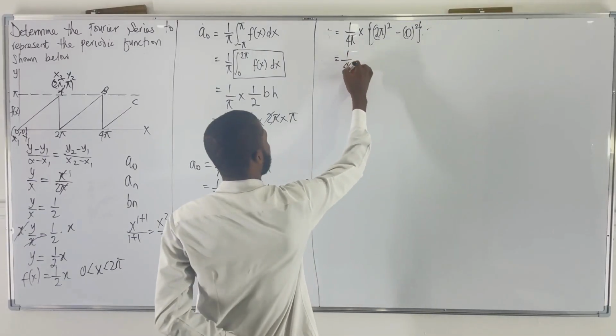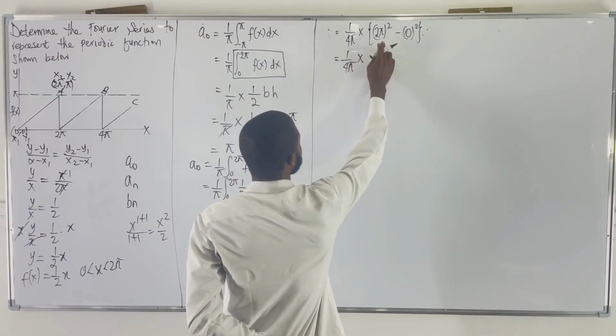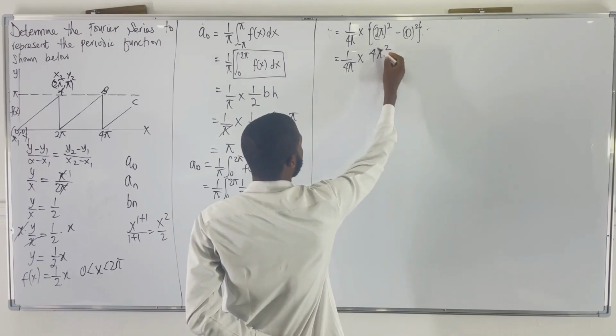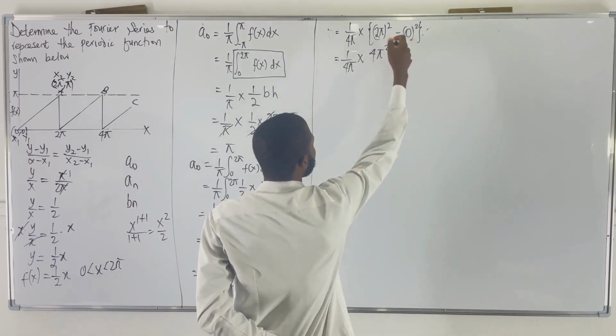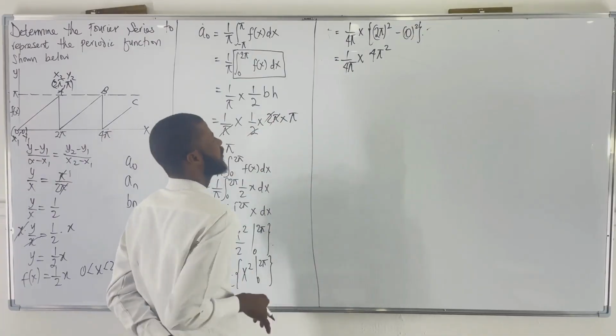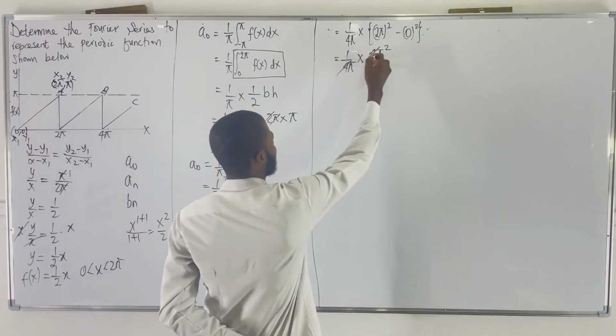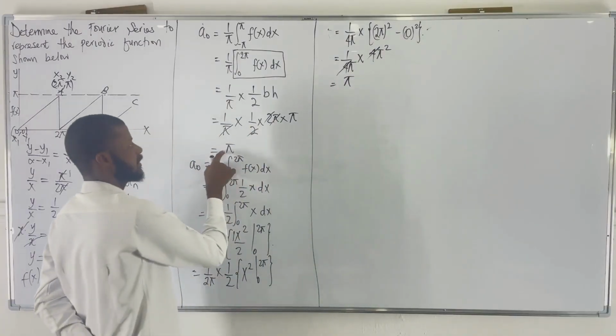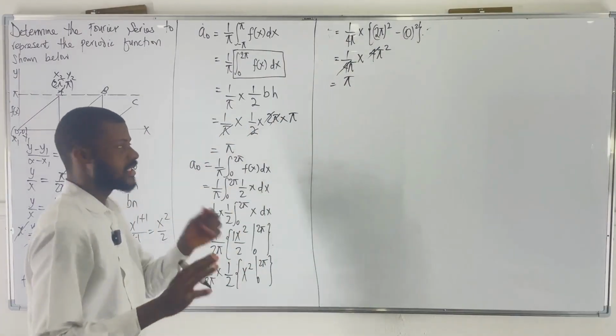So this is 1 over 4 pi times 2 pi squared, which is 4 pi squared, because 2 squared is 4, pi squared is pi squared. The minus 0, that's just thrown away. So 4 cancels out 4, pi squared over pi is pi. So you can see that it's still the same answer.